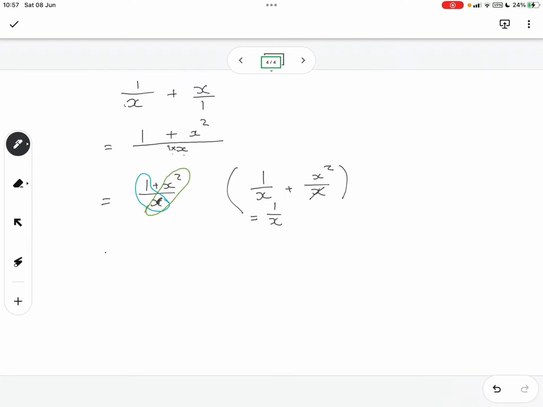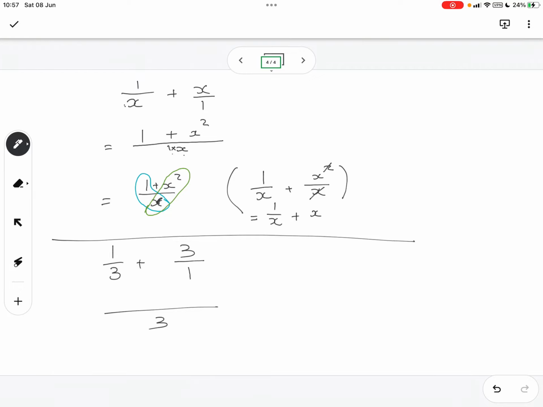But we do that whilst keeping the denominator intact, because we will have 1 over x plus x squared over x. And what this means is that you have 1 over x, this goes into that once, plus x. Does it make sense?